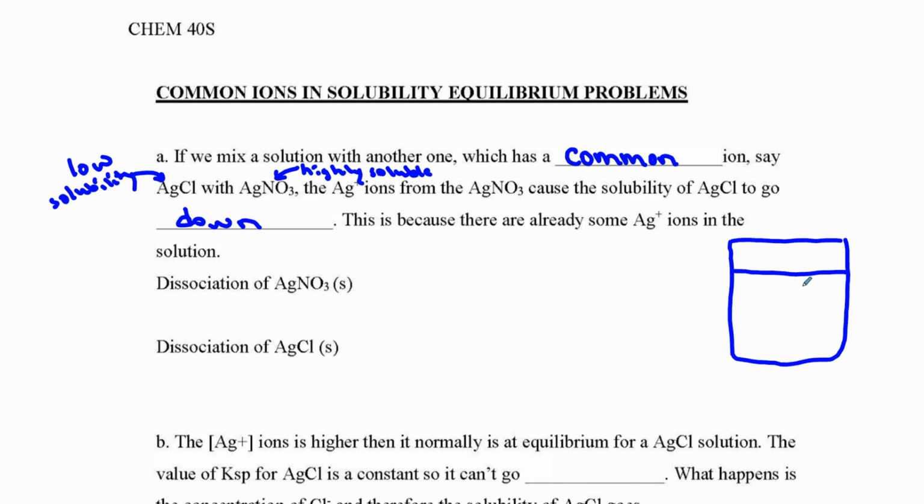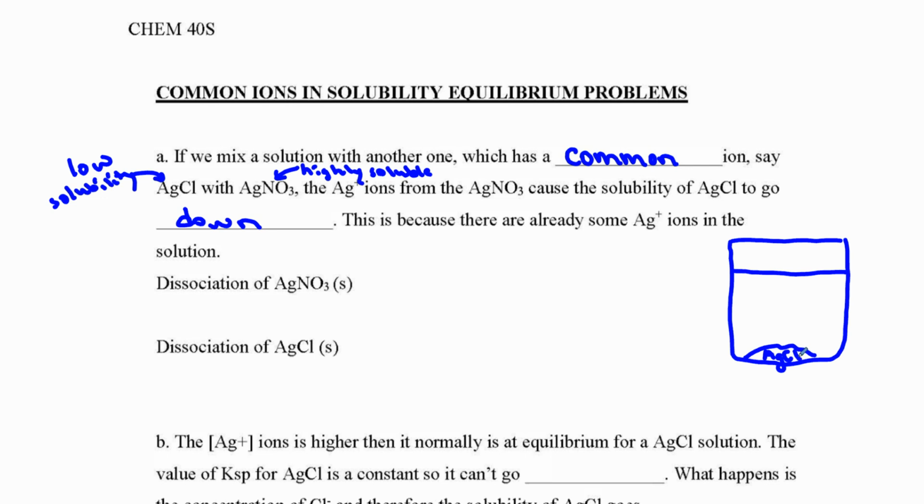The whole idea is that they come together at some point. So let's say we start off in our beaker with the AgCl, the silver chloride. Because it has very low solubility, I'm going to draw it like a little lump at the bottom of the beaker, because very little of it actually dissolves.